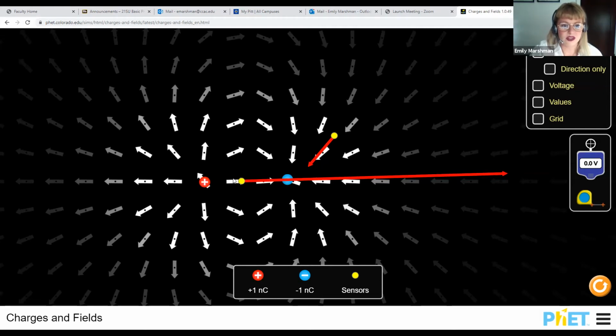So there's going to be a really big electric field inside. And then it kind of curves around a little bit. And as I get further away from the electric dipole, the electric field decreases. So that's how you can visualize what an electric field looks like.